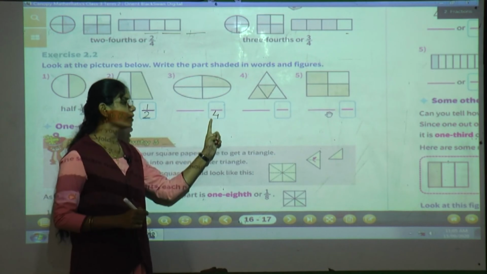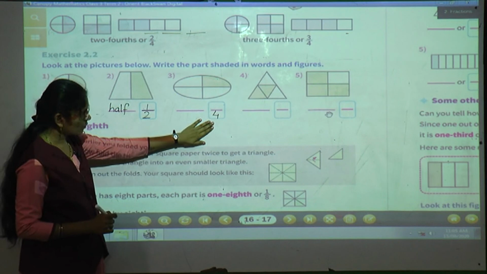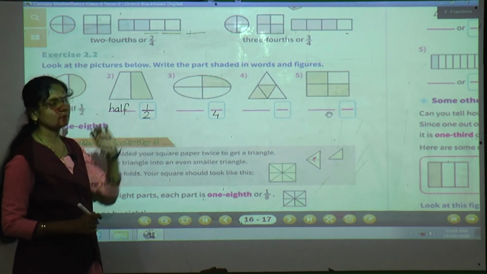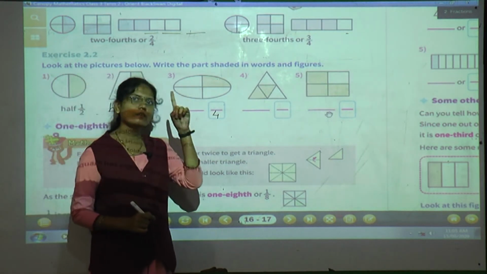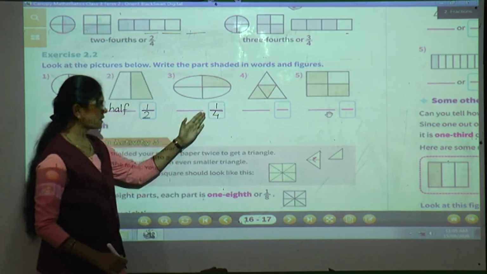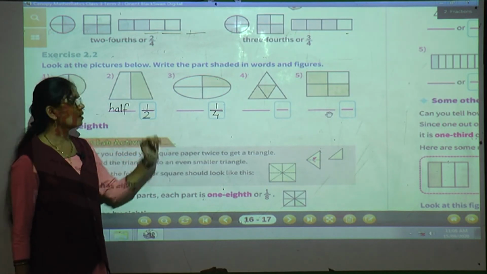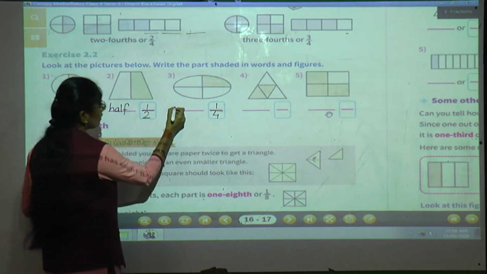Then we have to see out of that 4 parts, how many are shaded? Only 1 is shaded. So we'll write here 1. Now what is this? 1/4.